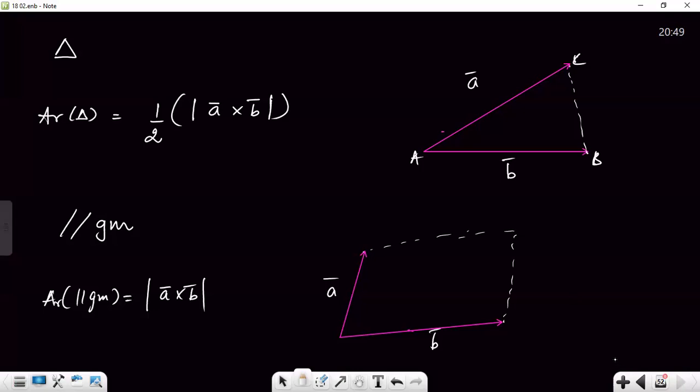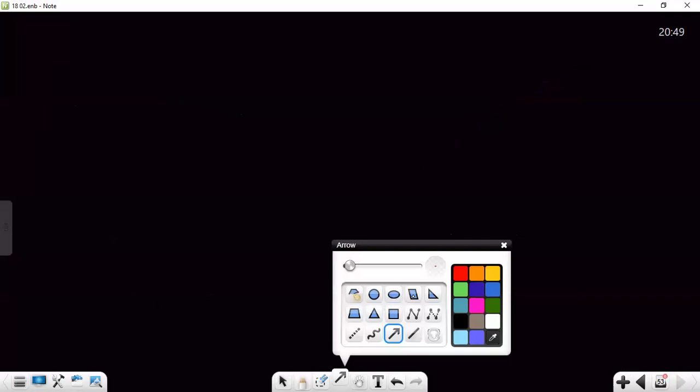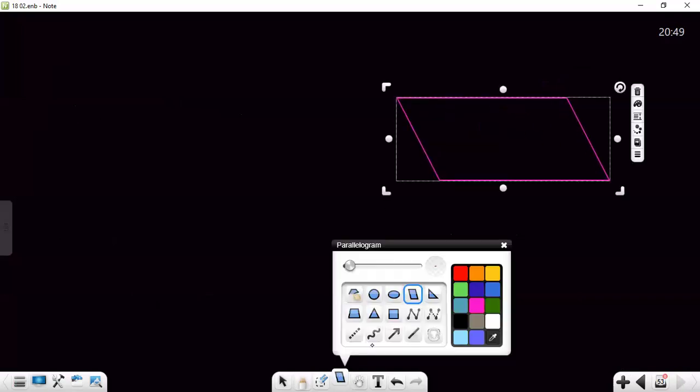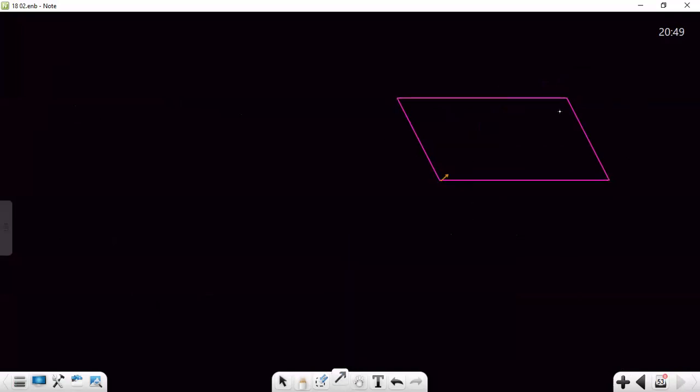There's one more application. We have a parallelogram, and in this parallelogram, we have the vectors of the diagonals. Then we can also find the d1 vector, d2 vector.